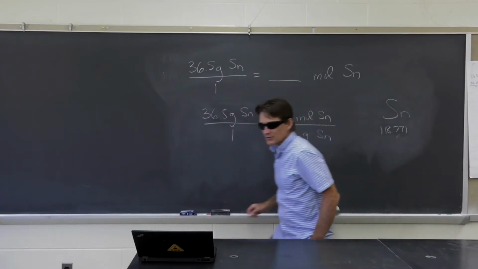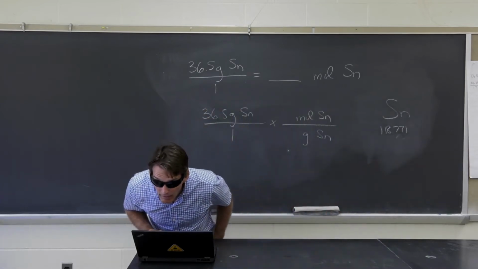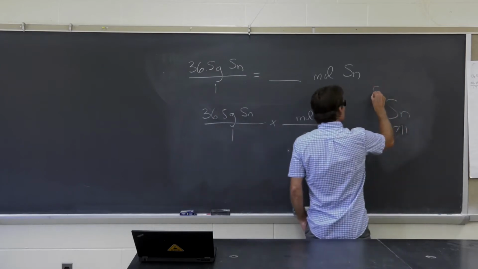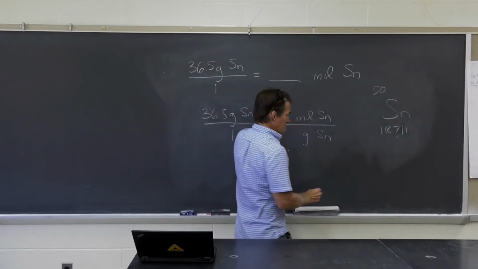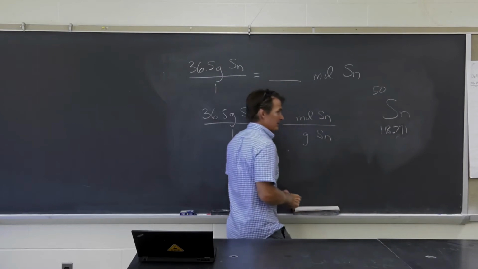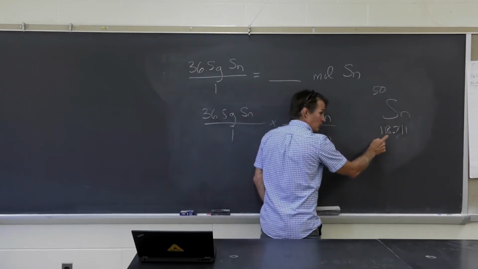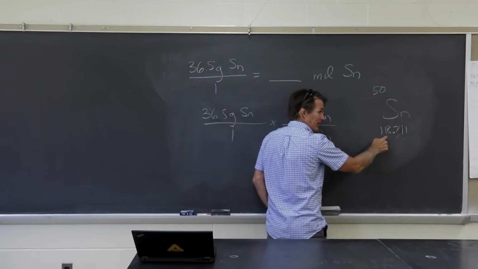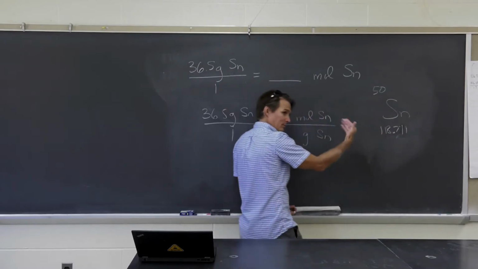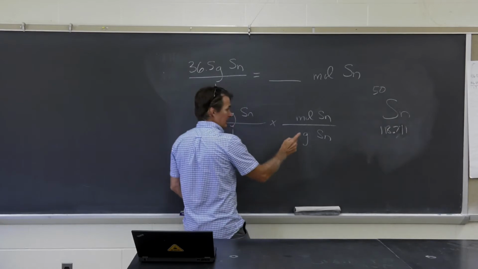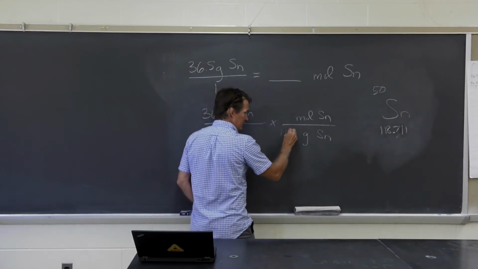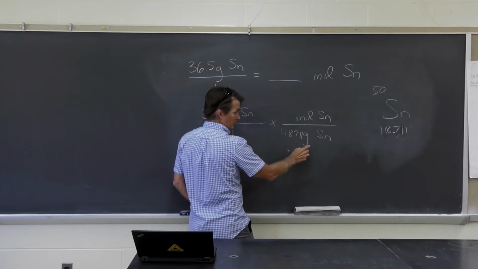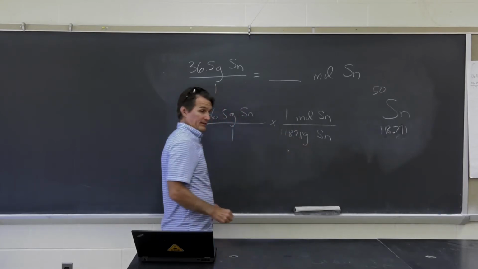Atomic number 50 tells me that for every 118.711 grams of tin, I have a mole of tin. This tells me my grams per mole. So I'm going to place the 118.711 with my grams of tin, and that's a mole of tin.